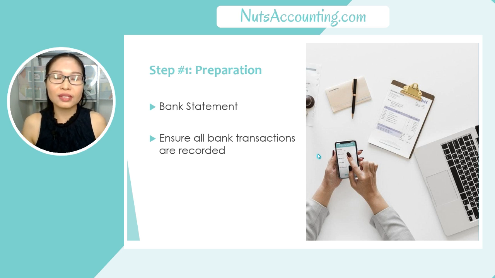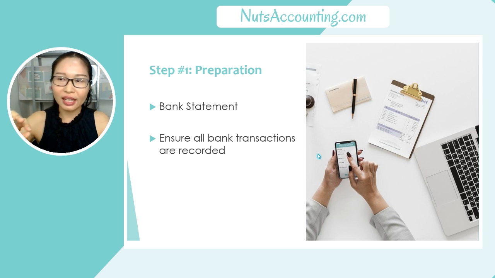Of course, sometimes there are certain bank transactions that you do not know about, such as bank charges from the banks or any unknown stuff that comes up in your bank statements. Those are not considered under your preparation.